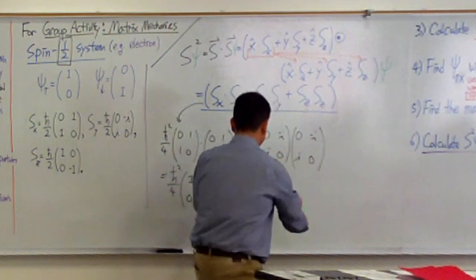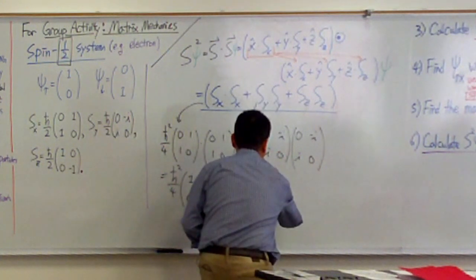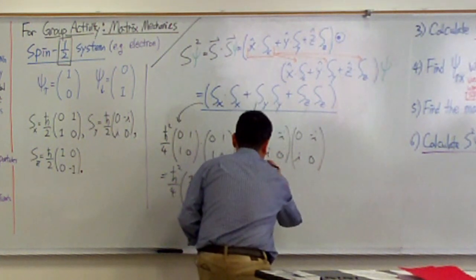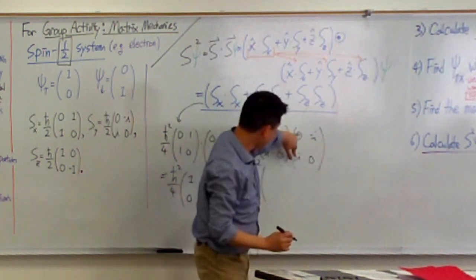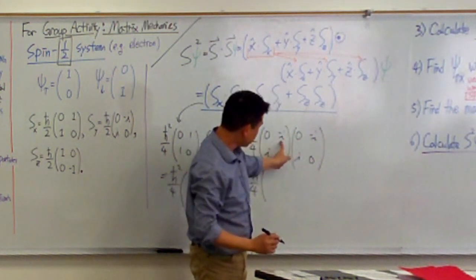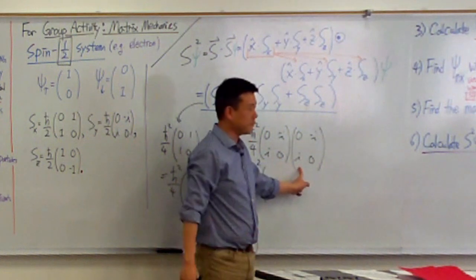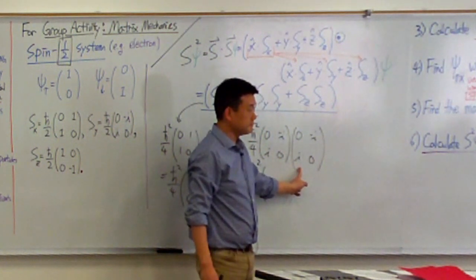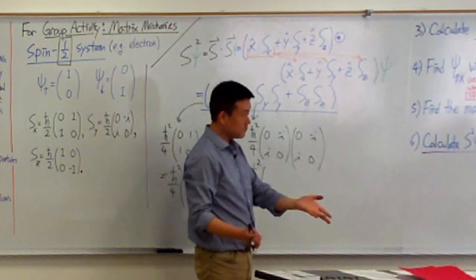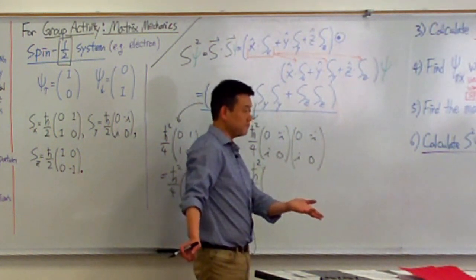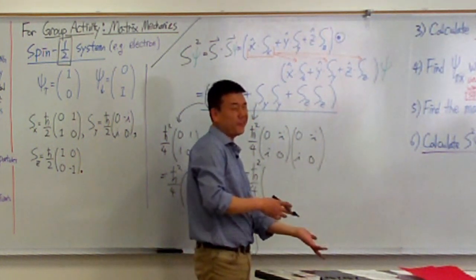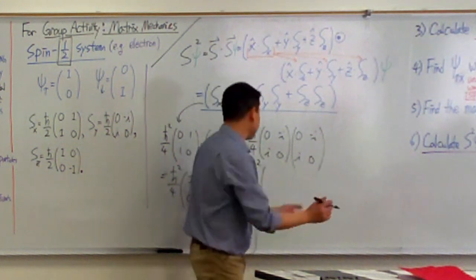So that's equal to h bar squared over 4, this times this: minus i times i. What does that give you? Negative i squared. i is the imaginary number. What is i squared? Negative 1. So negative i squared is 1. So it's still 1.